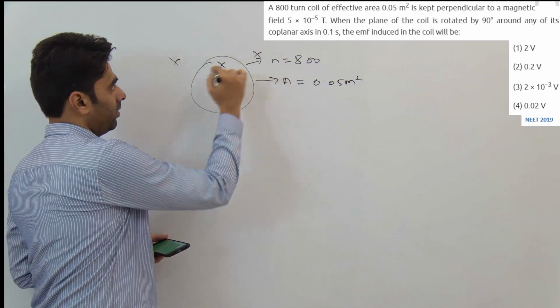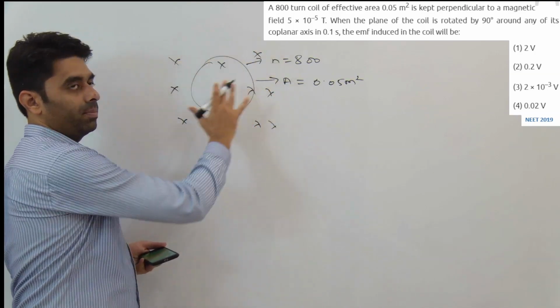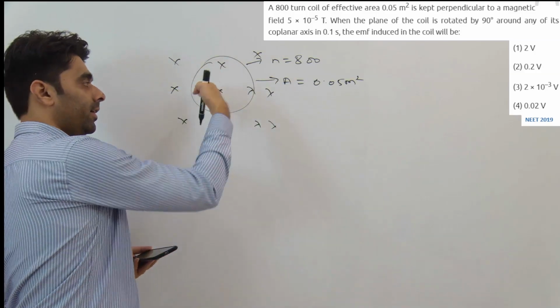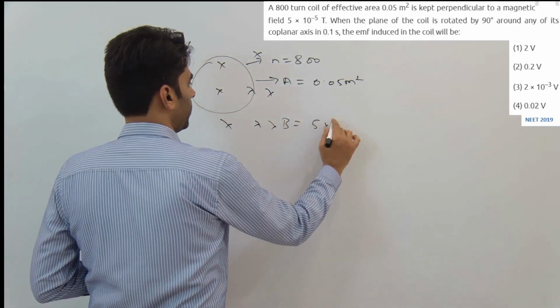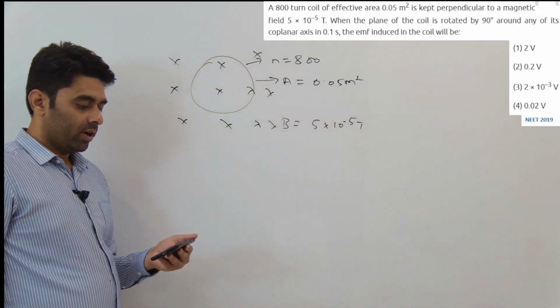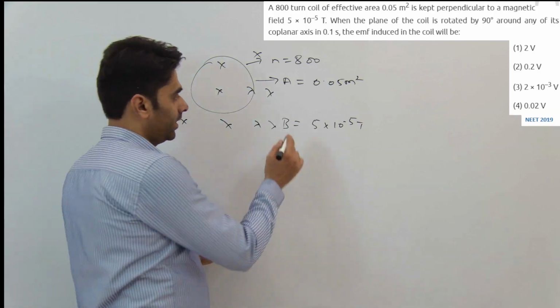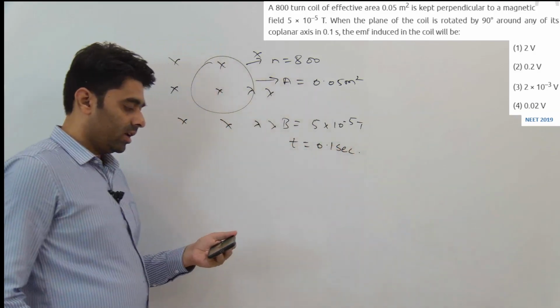If we assume the loop in the XY plane, the perpendicular magnetic field we can take as inward direction. B value is 5 into 10 power minus 5 Tesla. When the plane of the coil is rotated by 90 degree around any of its axes in 0.1 second, the EMF induced in the coil is?